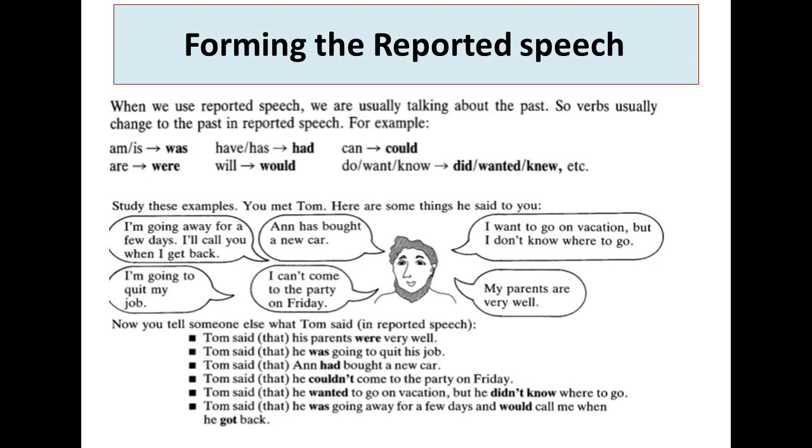You met him in a cafe or somewhere else, and you start talking. So Tom said to you, or he told you, "I'm going away for a few days. I'll call you when I get back."